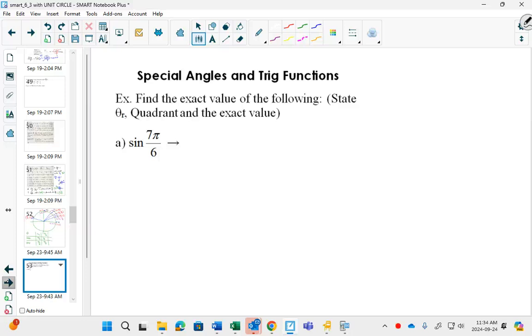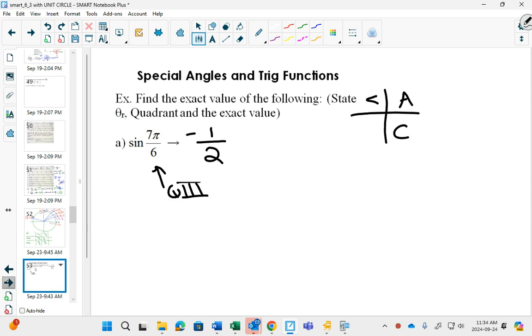From quadrant 1, I know that pi over 6 for sine, which is the y coordinate, is always a half. So I know this is going to equal a half, but then I have to decide, is it positive a half or negative a half? Well, 7 pi over 6 is in quadrant 3. According to my CAST rule, sine is negative in quadrant 3.